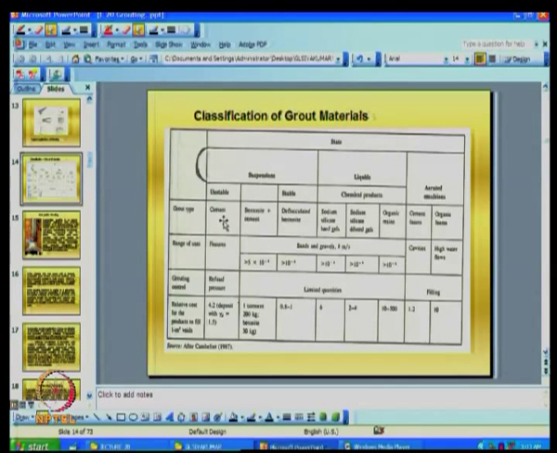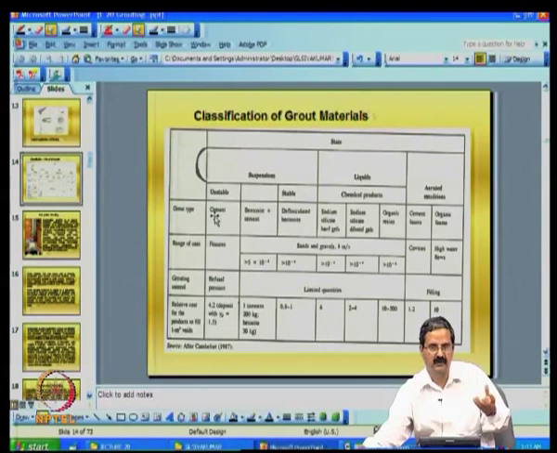What it means is that you have a suspension, and the particles should reach the required depth. The moment you have a suspension, all the particles will be moving, and all the particles should move to the desired depth, and only then start setting. Before that it should not set.